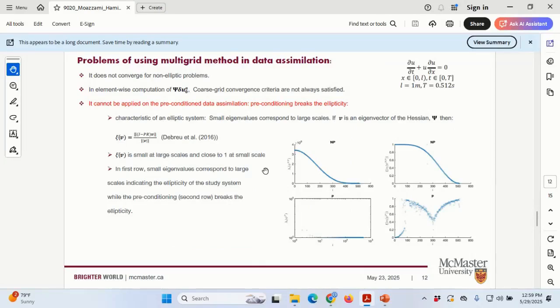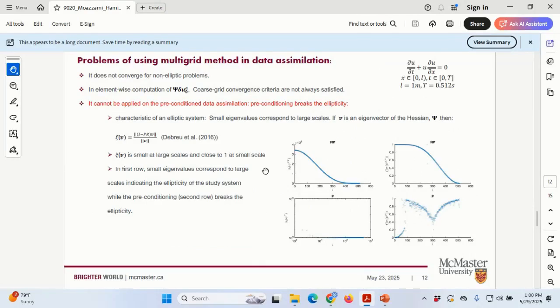We have an equation that is small at larger scales and close to 1 at smaller scales. So the first row of the figure is the non-preconditioned case, which shows that the problem is elliptic. But in the second version, where we do the preconditioning, ellipticity has been removed.